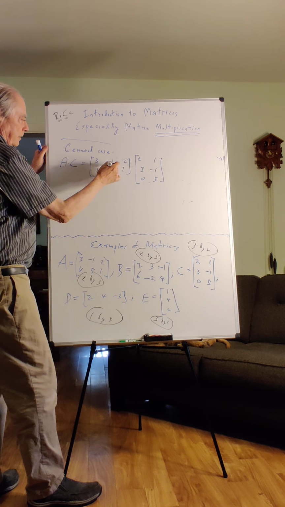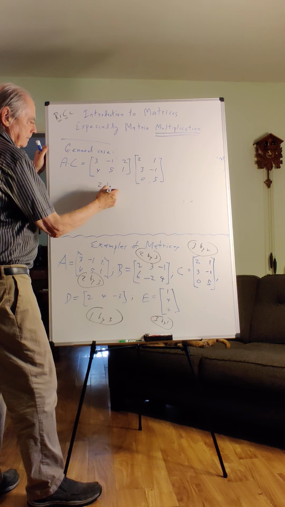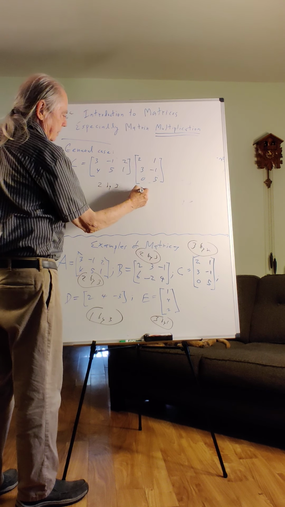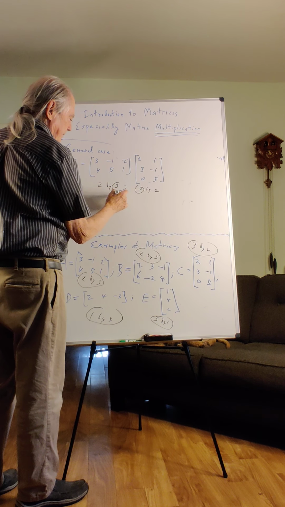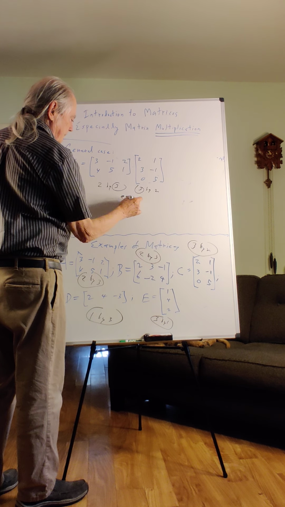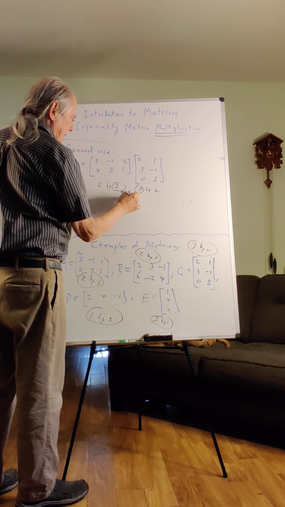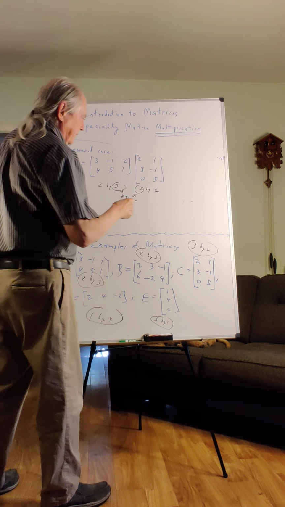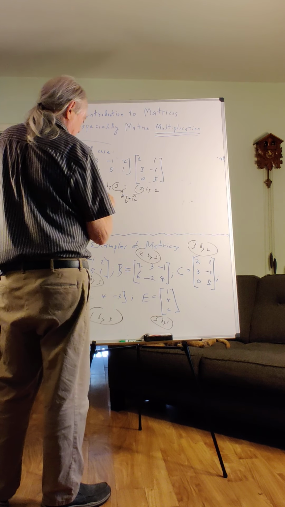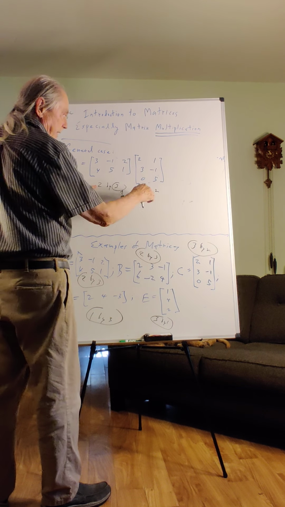So this is 2 rows, 3 columns. This is 3 rows, 2 columns. These numbers are equal. So we can multiply, and the dimensions of the answer are specified by the outer numbers.